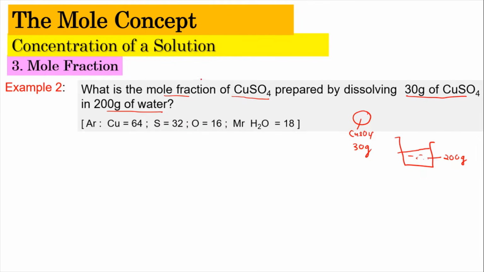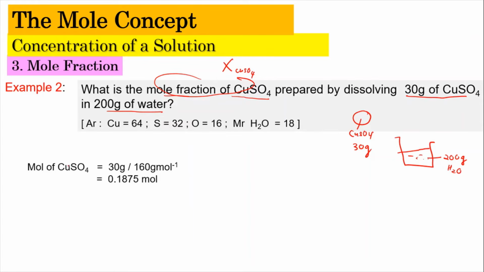We need to find the mole fraction of CuSO4. In order to get the mole fraction, we need to find the number of mole first: the number of mole of CuSO4 and also the number of mole of water.